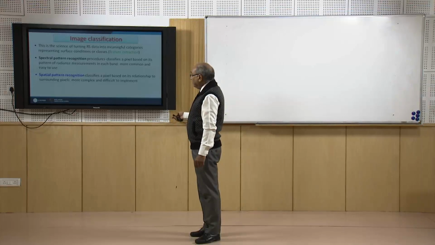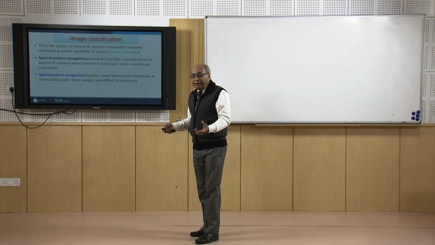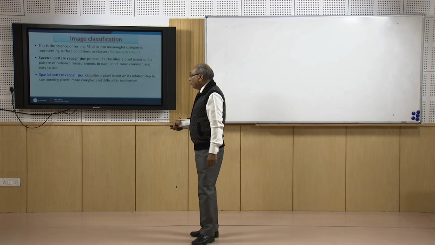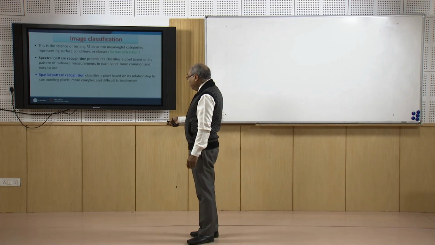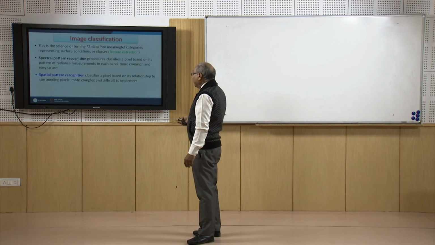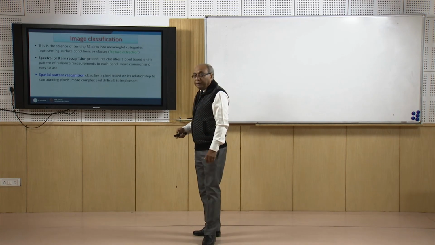In the previous one each pixel is treated independently, but here the neighboring pixels are also considered. So this one is more complex as compared to spectral classification, and more difficult to implement.